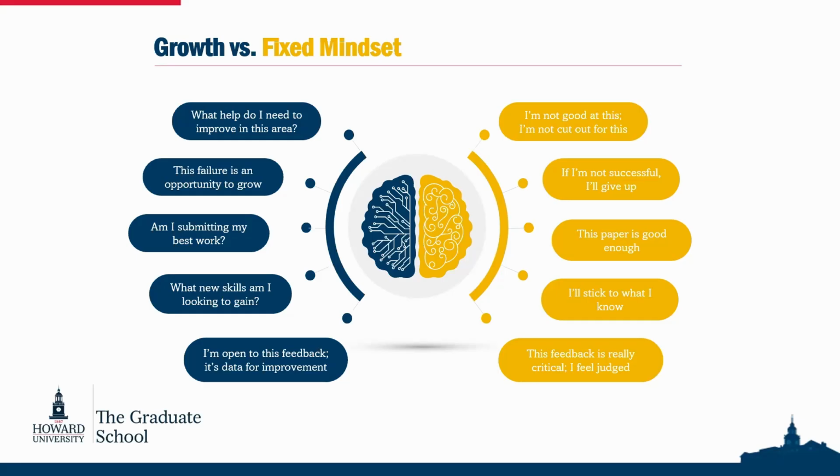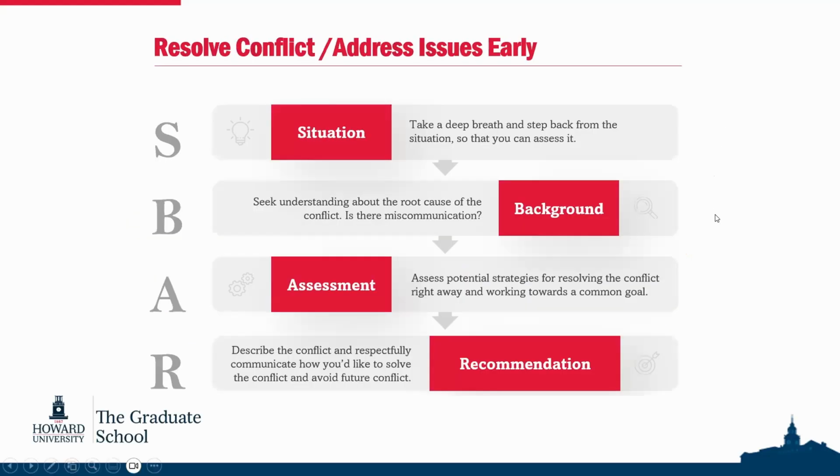If you feel like, I'm not successful, I don't know if I can do this dissertation, this is a really difficult paper, I'm not understanding the methodology, the more you get used to doing the work, the more that you rely on your peers and peer support groups, whether that's writing circles, peer-to-peer advice, or workshops that folks are offering, you will get better over time. So you want to always see the challenges as opportunity to grow.